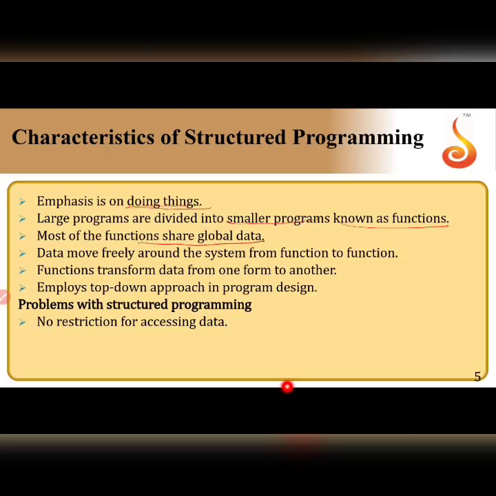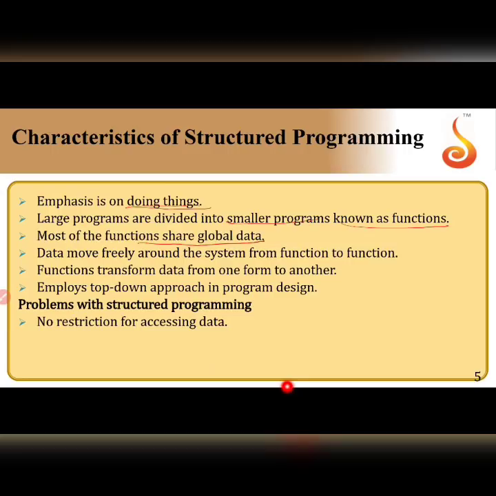Most of the functions share global data. What do I mean by this? See, data is required to perform any operations, correct? And then global data, what do you mean by that? Any data, variable or constant which is declared inside a function or a routine cannot be accessed outside. That is, it becomes local to that.